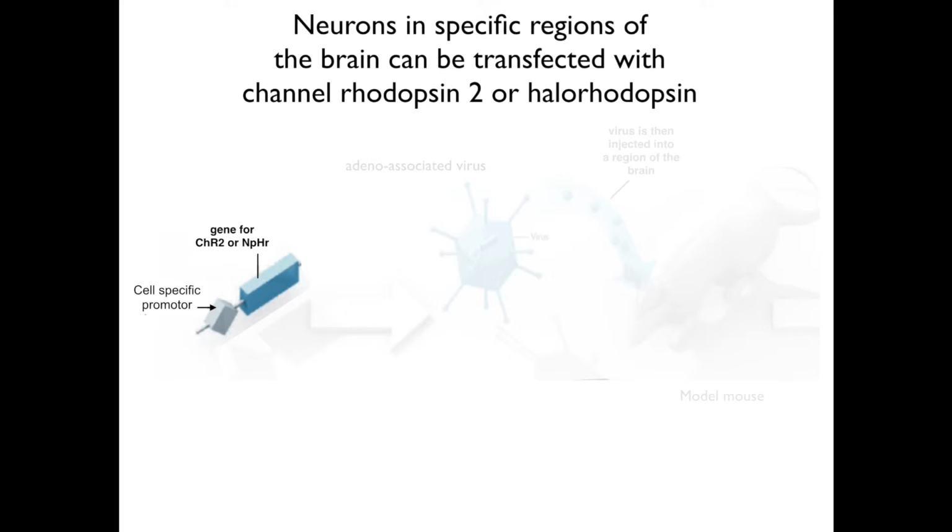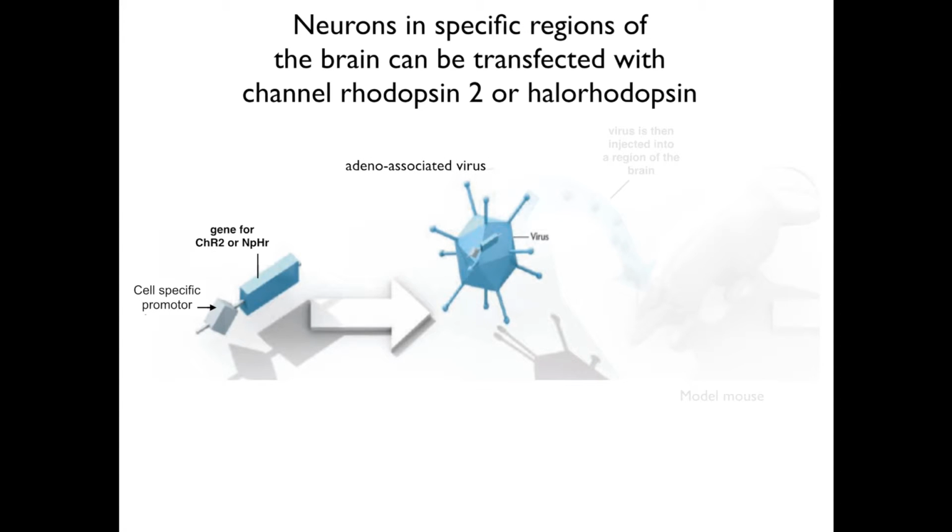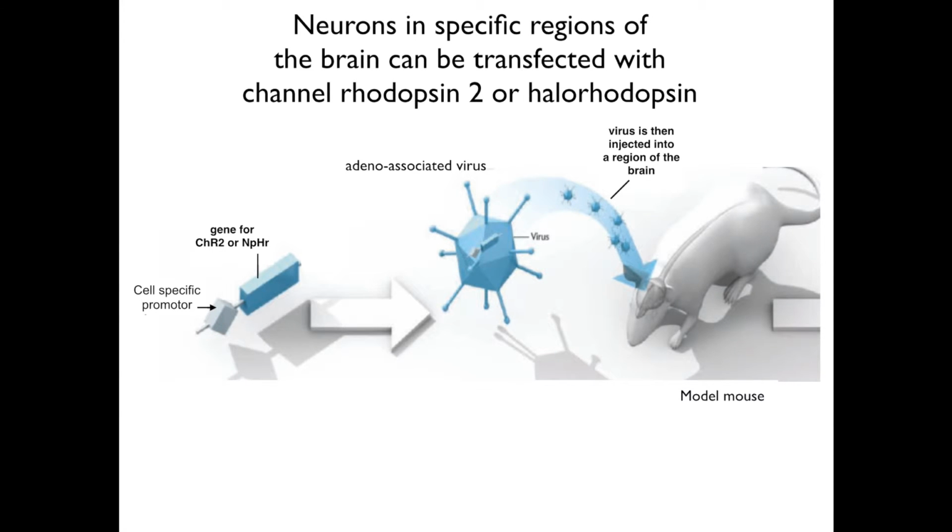The construct is then engineered into a viral vector. The viral vector is then injected into a region of the brain, and the neurons in that region are transfected with the microbial rhodopsin. The transfected neurons then express the functional microbial rhodopsin, either the halorhodopsin or the channel rhodopsin 2.